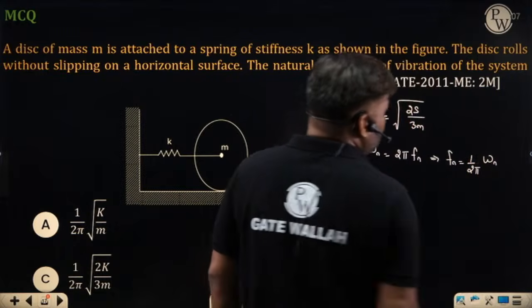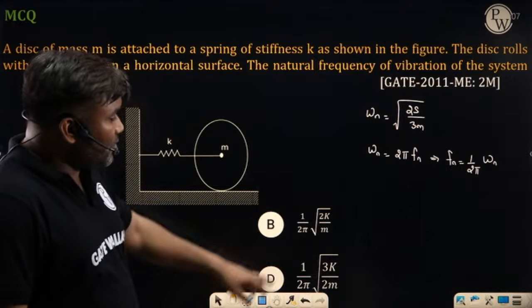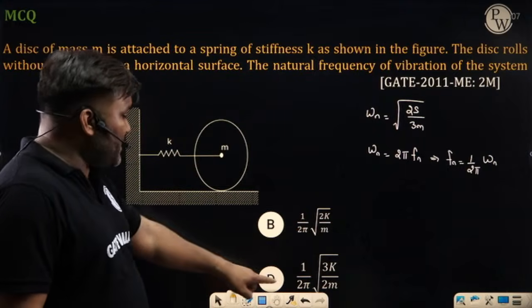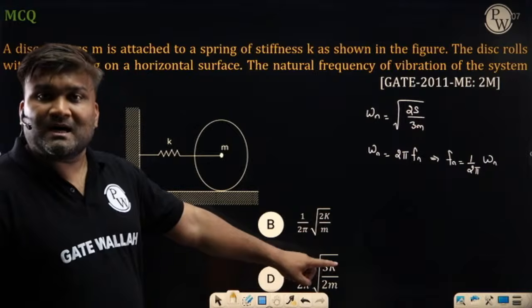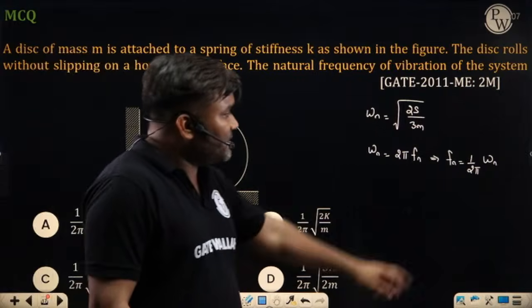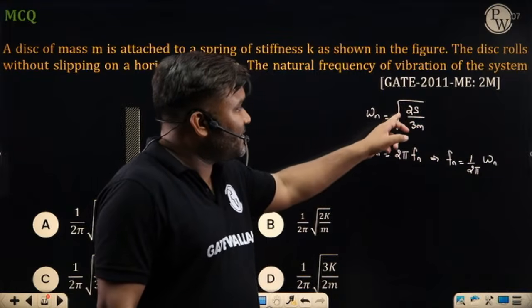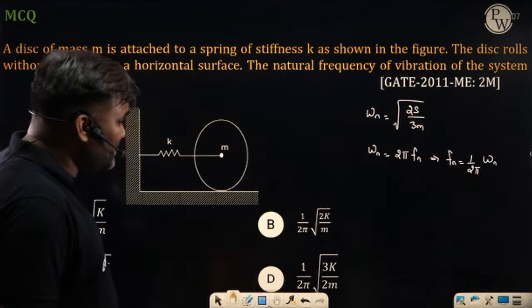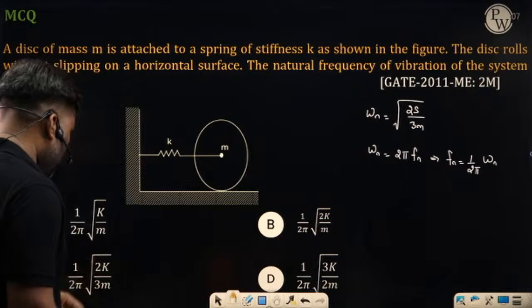Can I write this? So 1 upon 2 pi is everywhere, so they are asking for the Hertz frequency, the linear frequency. So what will be the answer? 1 upon 2 pi, in place of omega n I will write under root 2s by 3m. Option C is correct.